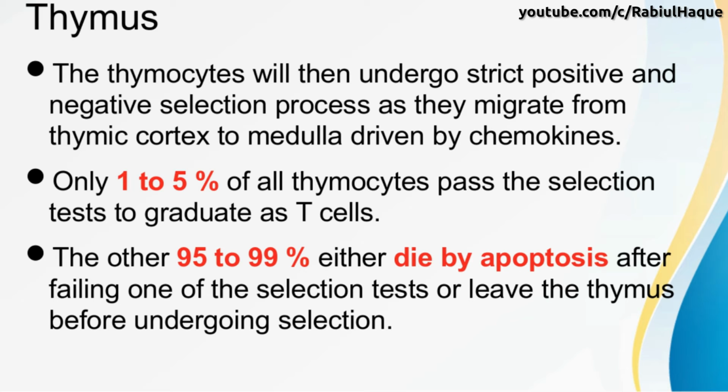Now, this second bullet point is very important. Pay attention here. Only 1 to 5% of all thymocytes will pass the selection test to graduate as T lymphocytes. So what will happen to the remaining 95 to 99%?